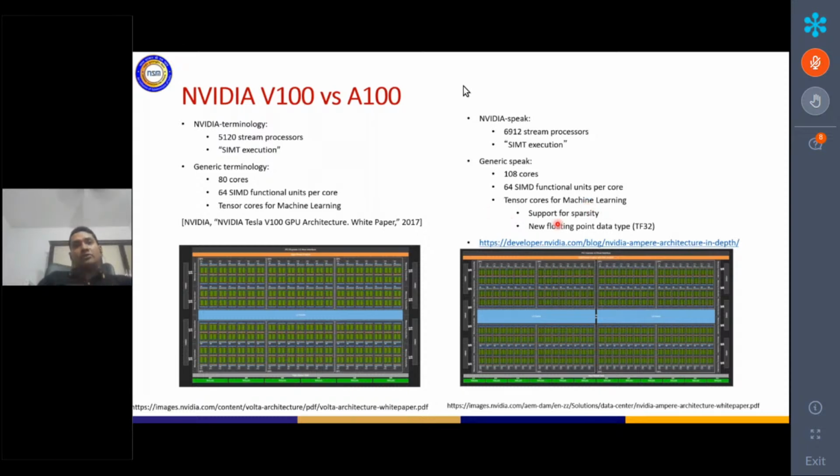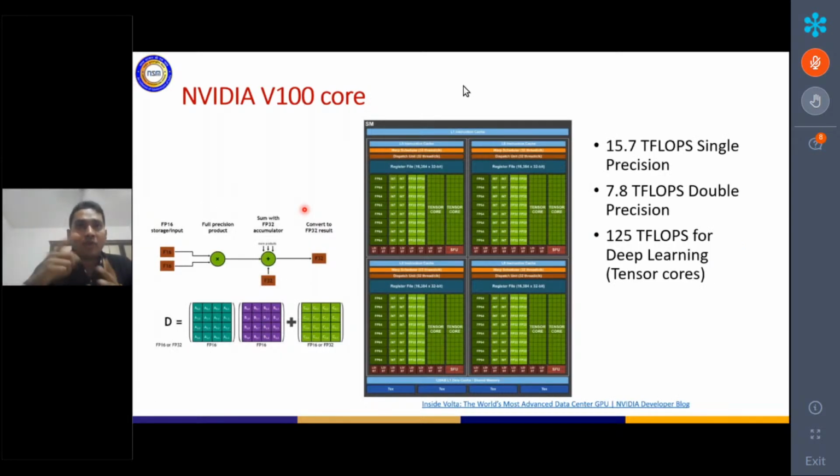It also supports sparsity in machine learning computing or AI benchmarking. So these two are very important things to understand from the algorithmic point of view. You can accommodate more computing cores, and now your cores also have tensor cores, which are specialized in machine learning.